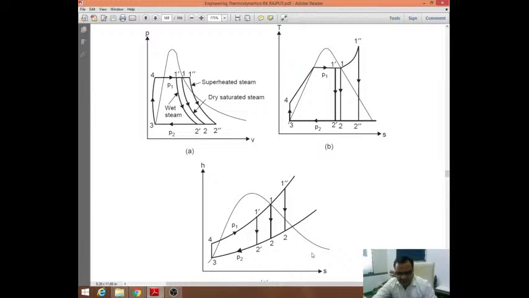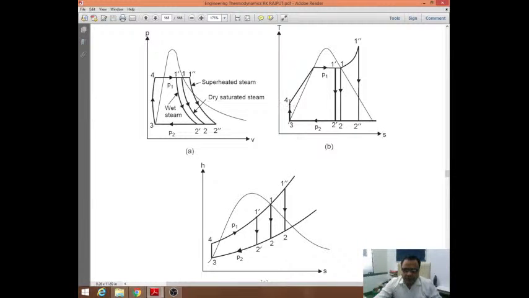processes, first and very important point is from the Carnot cycle. As I told you, if you want to improve the efficiency of the Carnot cycle, the heat addition temperature shall be highest and heat rejection temperature shall be lowest. But when you are shifting from Carnot cycle to Rankine cycle, we are not having the constant temperature.